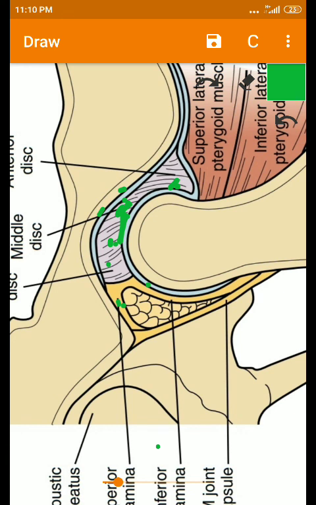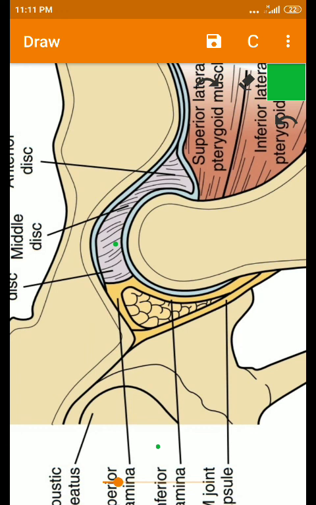Not only in the capsule, they are also present in the temporomandibular ligaments and the retrodiscal pads, which are responsible for proprioception, that means the joint sensation, as well as pain. Nociceptors mean pain sensation. Mechanoreceptors help in proprioception.